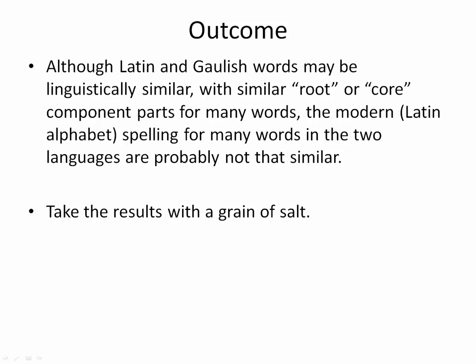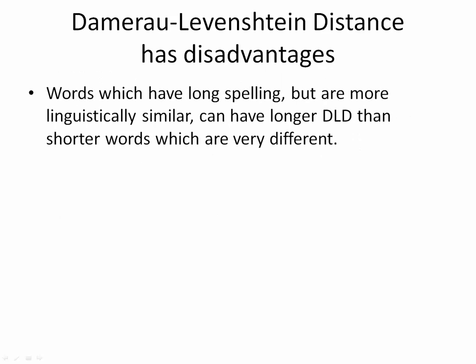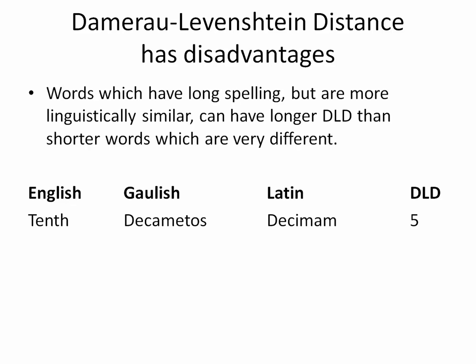Let's now talk about some of the limitations of this analysis. The first is that of the Damerau-Levenshtein distance. Words which have a long spelling but are more linguistically similar, such as the translations of the English word tenth, can have a longer Damerau-Levenshtein distance than shorter words which are actually very different.